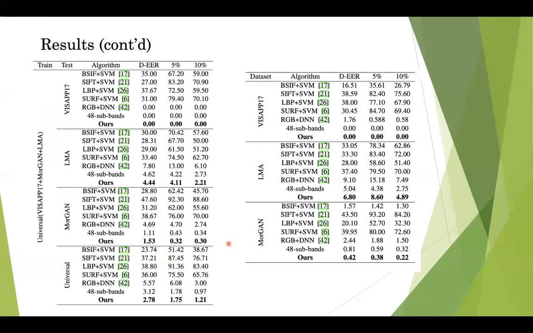Also, the results of our morph detection are summarized in these two tables. The left table shows the performance of our morph detector when it is trained on the universal dataset, and the right table shows the performance when it is trained and evaluated on the individual datasets. As you can see, for VZAP17 and Morgan, the results are very good.